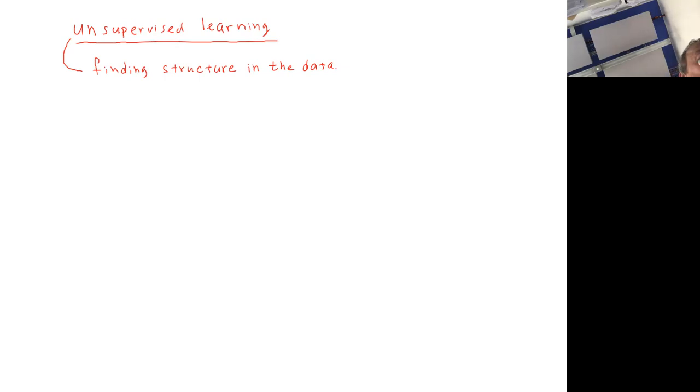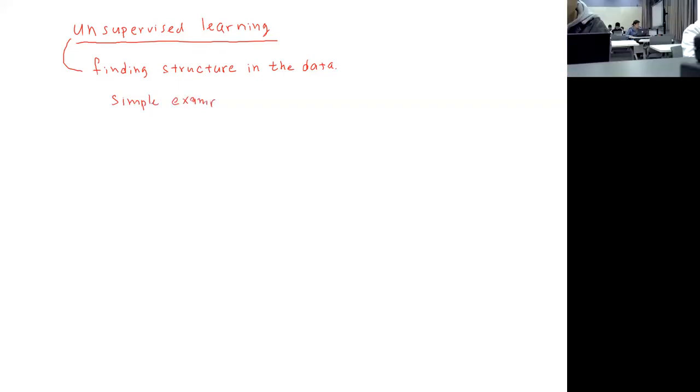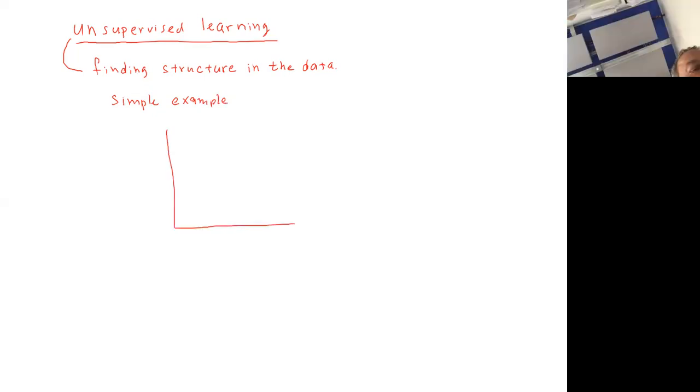Now, a simple example. Suppose you had two variables, x1 and x2. You get samples of this from the world, and what you find is you get samples like this and samples like that.